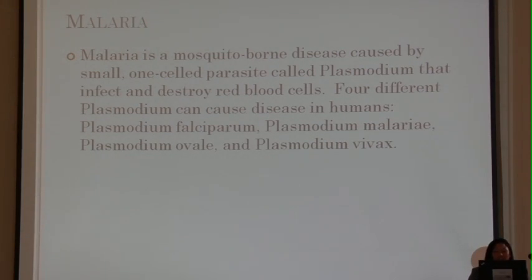Malaria is a mosquito-borne disease caused by a small one-celled parasite called Plasmodium that can infect and destroy red blood cells. Four different types of Plasmodium can cause this disease in humans: Plasmodium falciparum, Plasmodium malariae, Plasmodium ovale, and Plasmodium vivax.